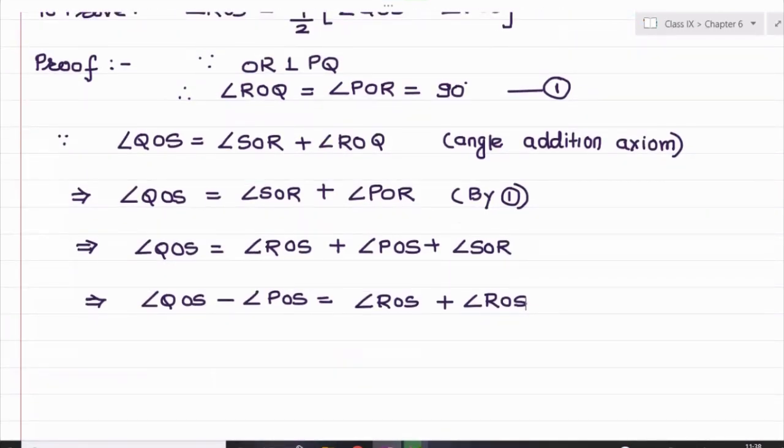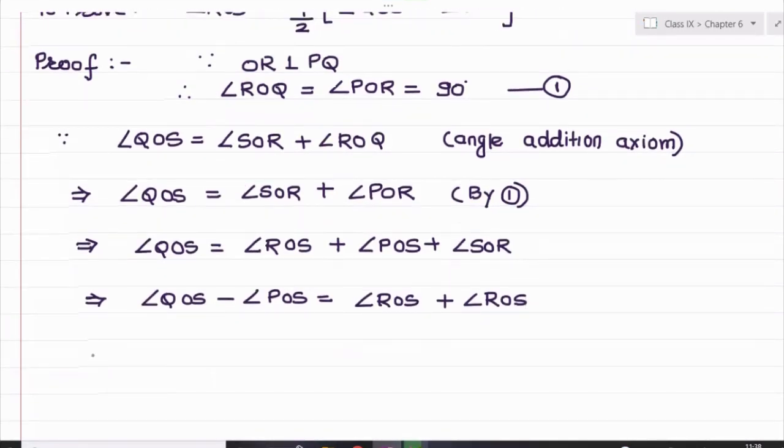Now I will write down the right hand side first and left hand side afterwards, although both are equal. So now ROS plus ROS will become 2 times of ROS. So 2 times of angle ROS will be equal to angle QOS minus angle POS. Okay, now 2 is in multiplication, it will come at the place of denominator.